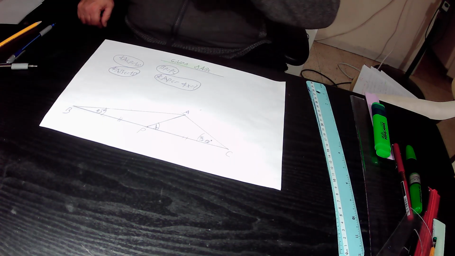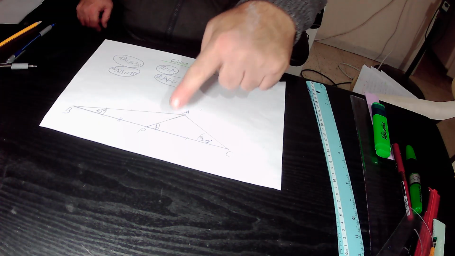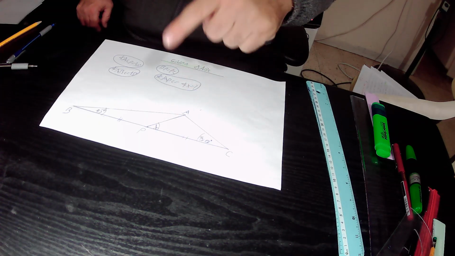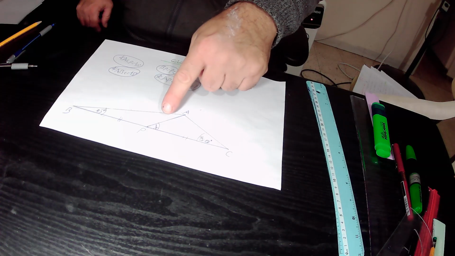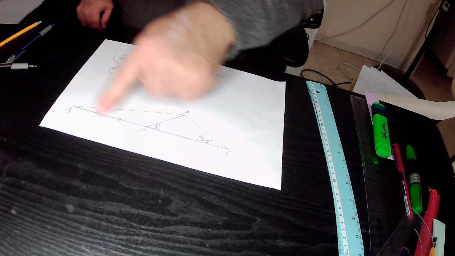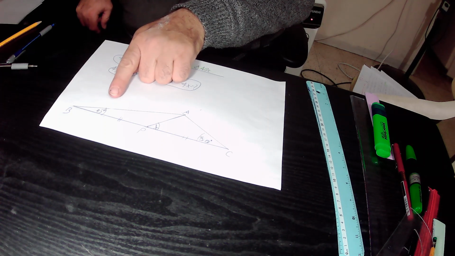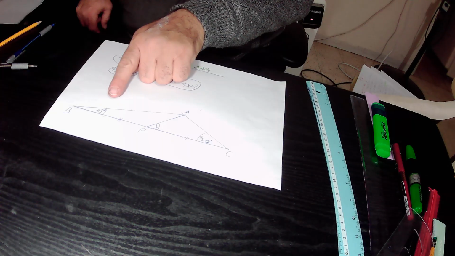Our task in the first question was to find the size of this angle APC, which equals x. We had to find the value of this angle x. So in the following, we have triangle ABC. This is angle ABC, which equals 15 degrees in size.